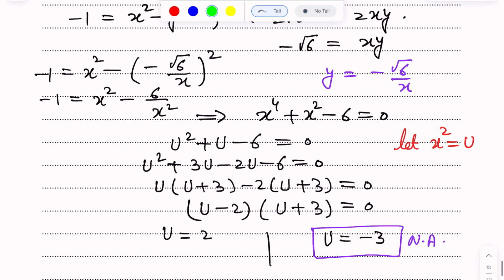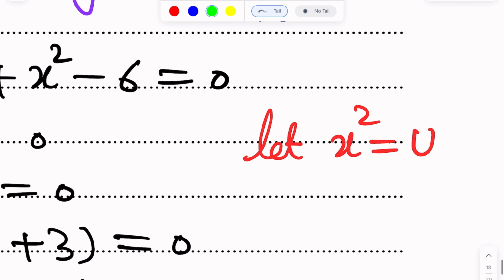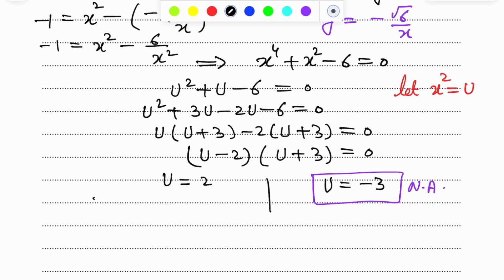Now resubstitute. x square is equal to u is the substitution. Putting here, we get x square is equal to 2. Taking square root, we get x is equal to plus minus under root 2.